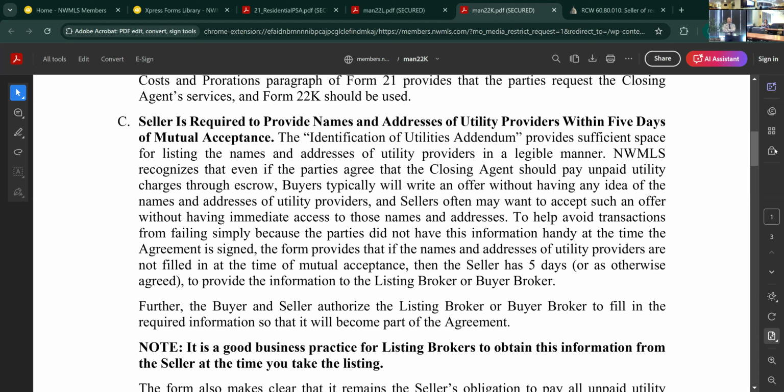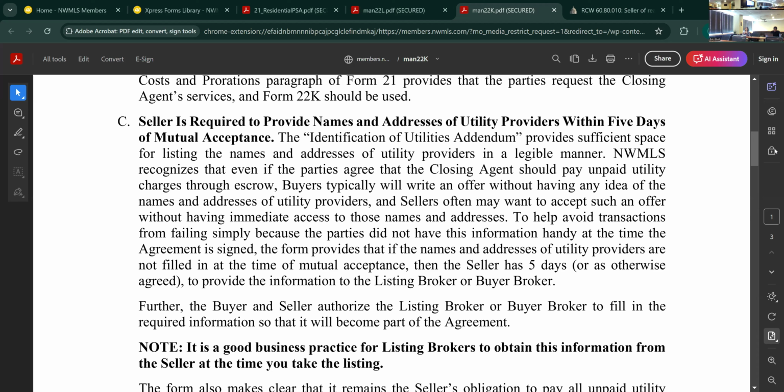To help avoid transactions from failing simply because the parties did not have the information handy at the time the agreement is signed, the form provides that if the names and addresses of utility providers are not filled in at the time of mutual acceptance, then the seller has 5 days, or as otherwise agreed, to provide the information to the listing broker or buyer broker.